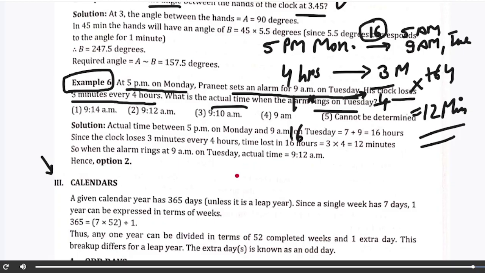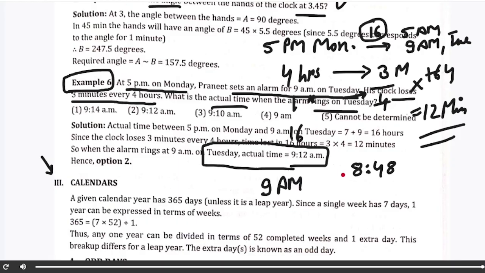That means the alarm will ring somewhere after 9. When the actual time is 9, the clock says 8:48. It is 12 minutes behind. The actual is 9, but the clock says 8:48. So it will go 12 minutes more.